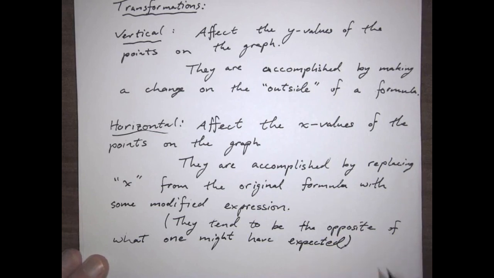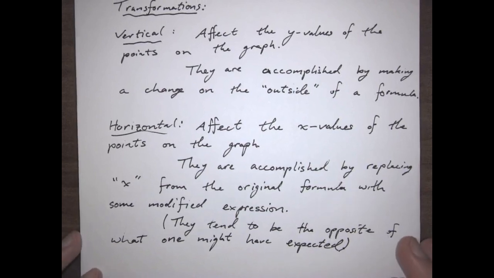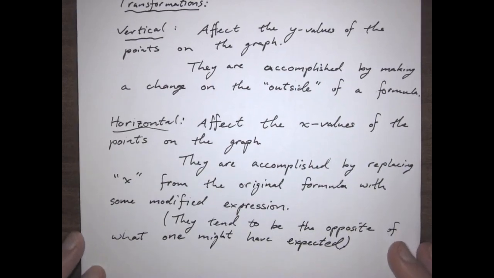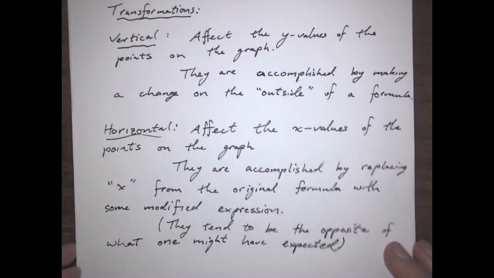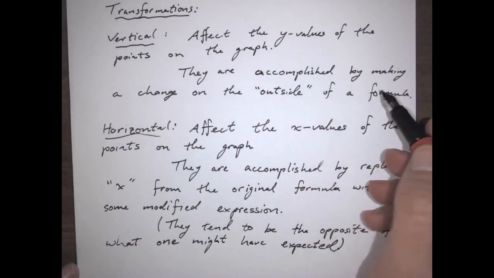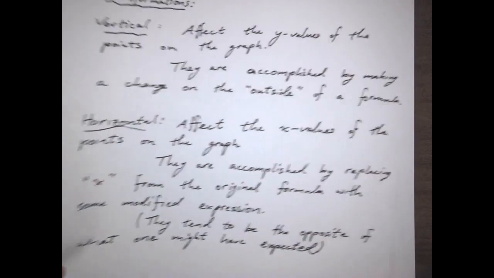Okay, so that's going to take some special handling, but we'll see with examples and such how this plays out. But first off, let's start with the easy side of transformations, which is the vertical side, and let's discuss what it is we have to do on the outside of a formula in order to accomplish some of the basic vertical transformations.